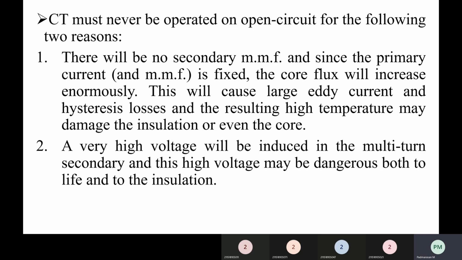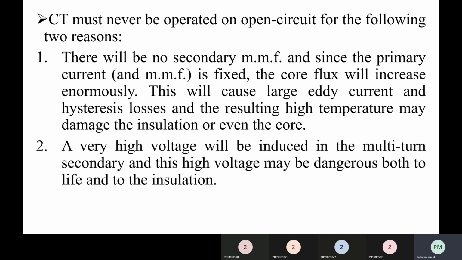Generally, the current transformer must never be operated on open circuit, for two reasons. First, there will be no secondary MMF, and since the primary current is fixed, the core flux will increase enormously. This will cause large eddy current and hysteresis losses, and the resulting high temperature may damage the insulation or even the core.